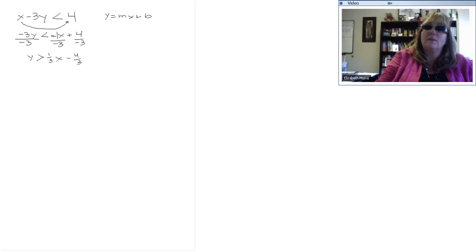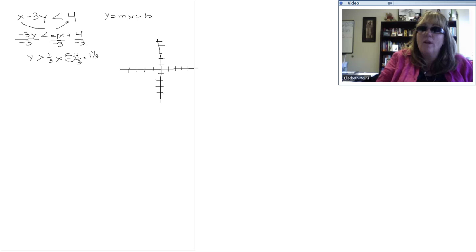Now, just because it's a negative 4/3 doesn't mean we can't do this. We can still graph this. What I want you to consider is, what is 4/3? 4/3 is the same as 1 and 1/3, negative. So negative 1 and 1/3 would be right about there.